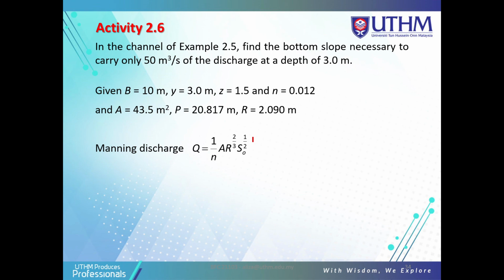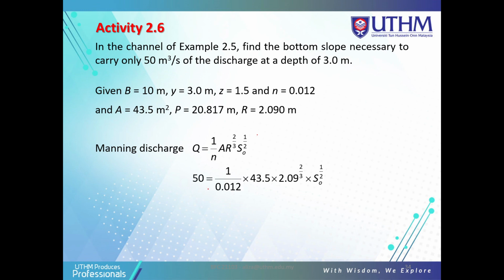V is the AR to the two-thirds over S to the half, that is the V here, and A. So you just use the Manning discharge.